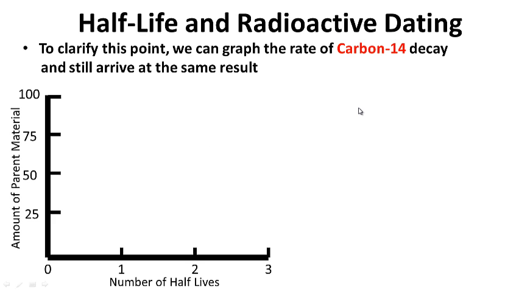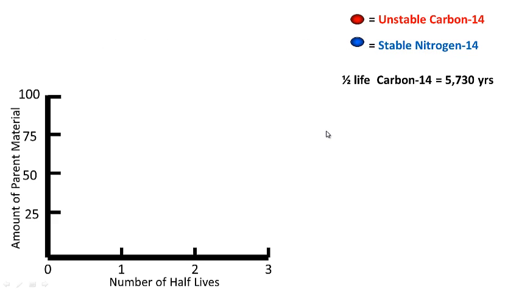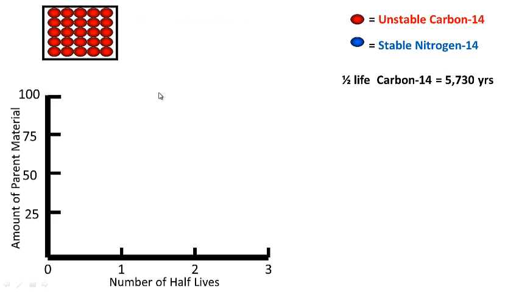Notice down here we have half-lives, and over here we have the amount of parent material in percent: unstable carbon-14 atoms and stable nitrogen-14 atoms. So let's start with 100% of unstable carbon-14.